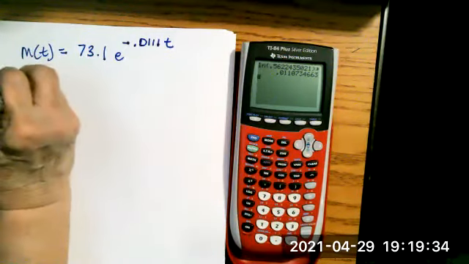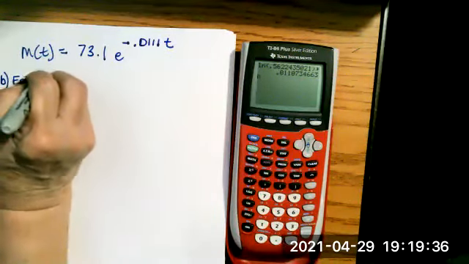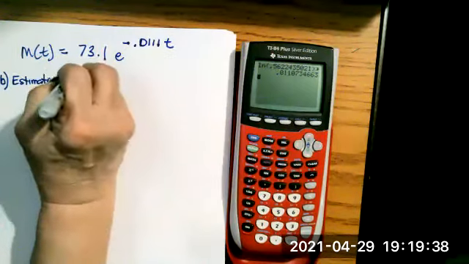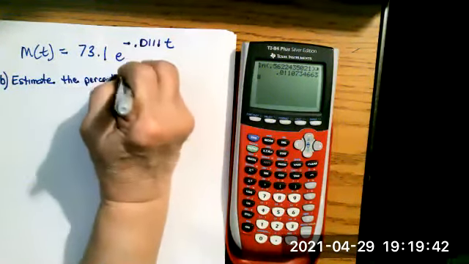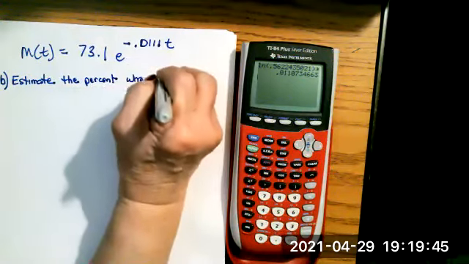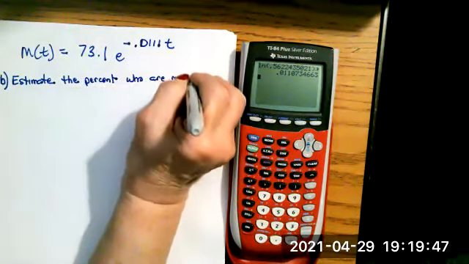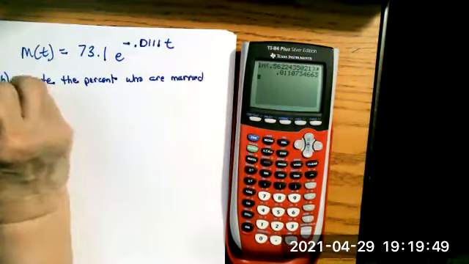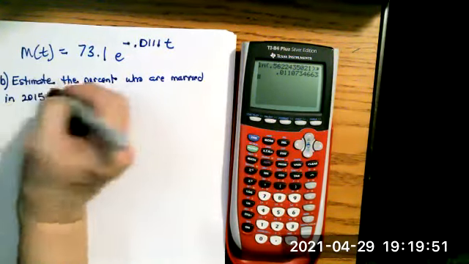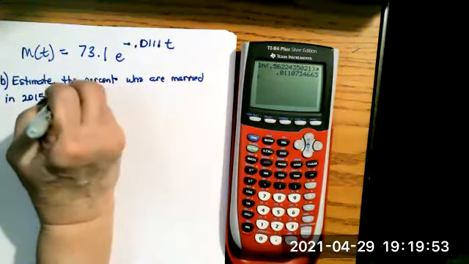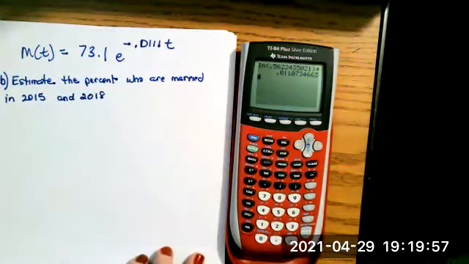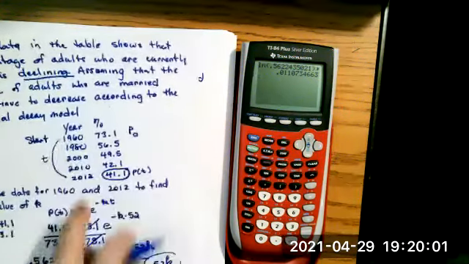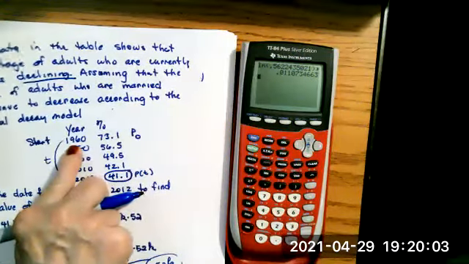B says estimate the percent who are married in 2015. Notice that was not on our list over there. And 2018. So our initial amount was in the year 1960.